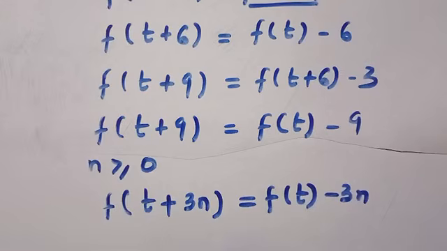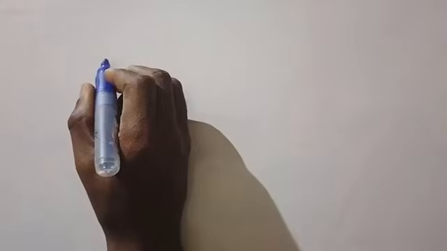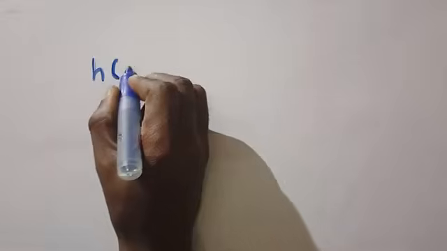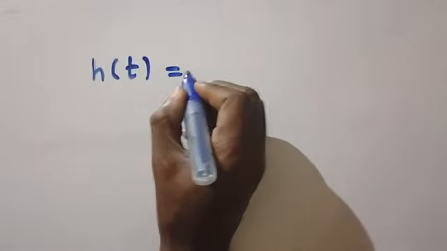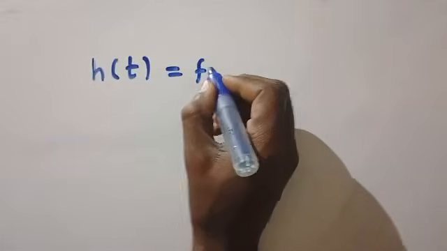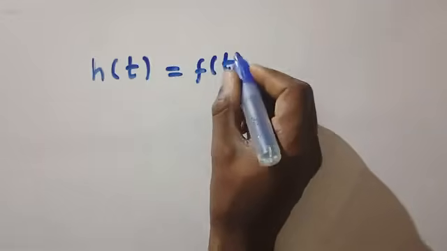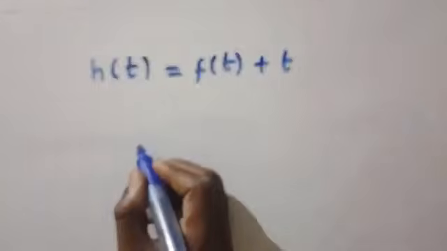Considering the periodicity of this, suppose from the first equation that we got, f of t equals f of t plus 3 plus 3, I look for a periodic function, let's say h of t, equal to f of t plus t.